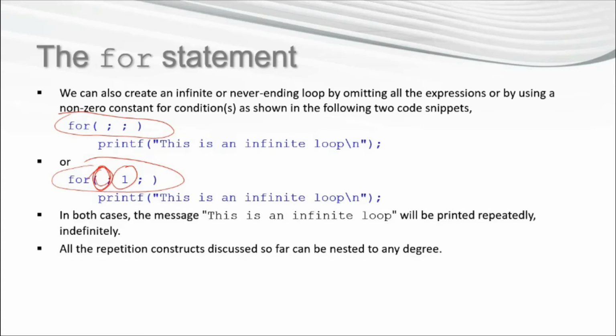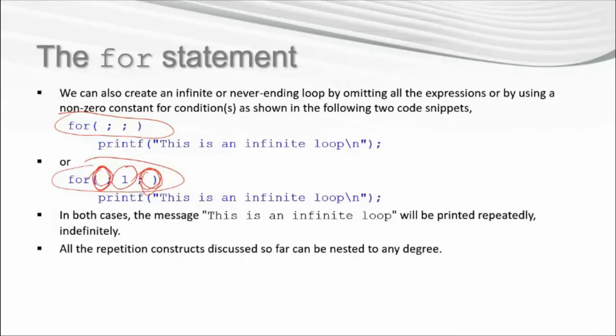Instead of condition checking for the variable, it gives only a single number. The increment is also not done here. So this also creates a never-ending loop. With printf, this is an infinite loop. In both cases, the message 'this is an infinite loop' will be printed repeatedly and indefinitely.